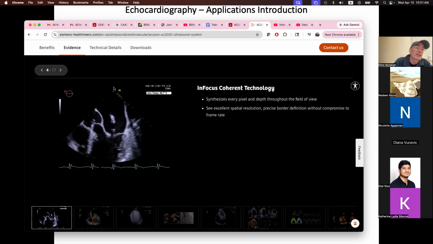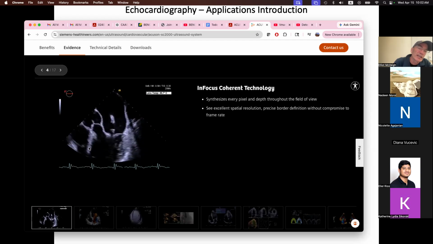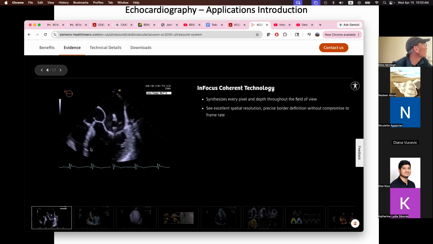So I have a transducer here anyway, whether or not it's inside the heart or in the esophagus or on the patient's chest, but it's probably in the esophagus. As we look down at the edges here, you see the super sharp delineation here, very, very clear. And then as you get farther and farther down, you can see that it gets blurrier, right? And this is what we were talking about.